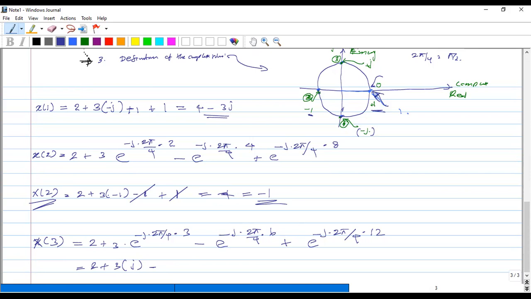So you have to calculate 0 1 2 3 4 5 6. You will have minus j. So here minus, then you will have minus j for this term. Plus e to the power minus j2π/4 times 12.